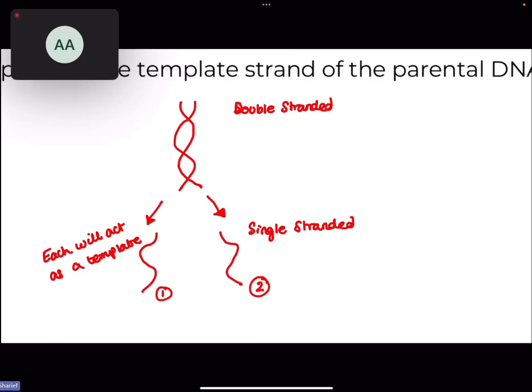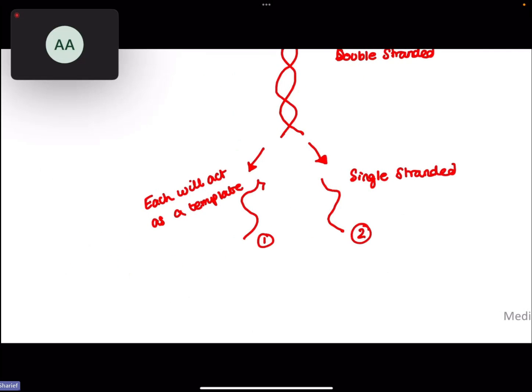So over here we have a single strand of DNA, and it will have base pairs on it, even though they're not attached to anyone because it's only single stranded.